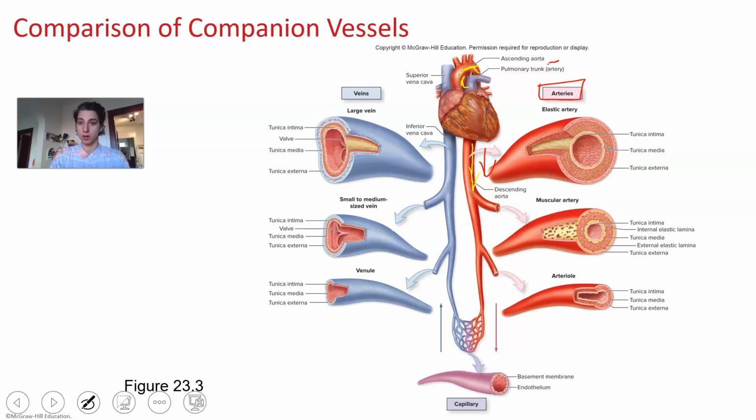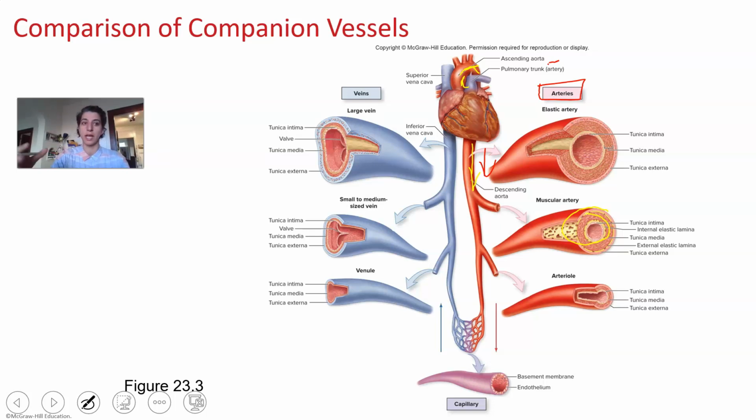As it gets farther away from the heart, we call them muscular arteries, and it is because they have lots of muscle. Those are our distributing arteries. Those are the arteries that are named, like the brachial artery and the anterior tibial artery.